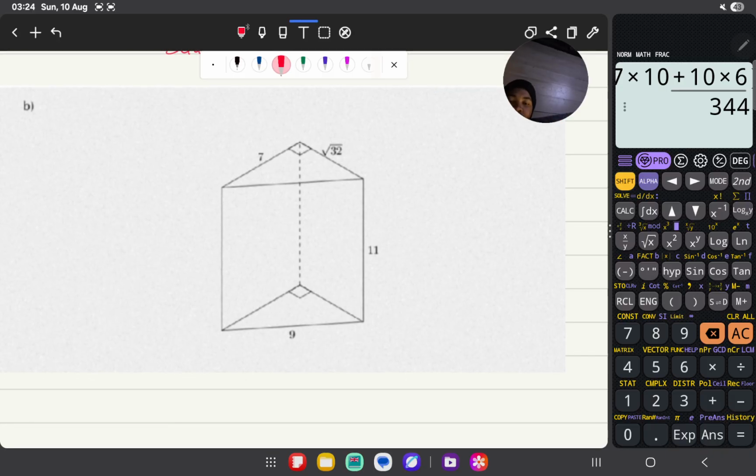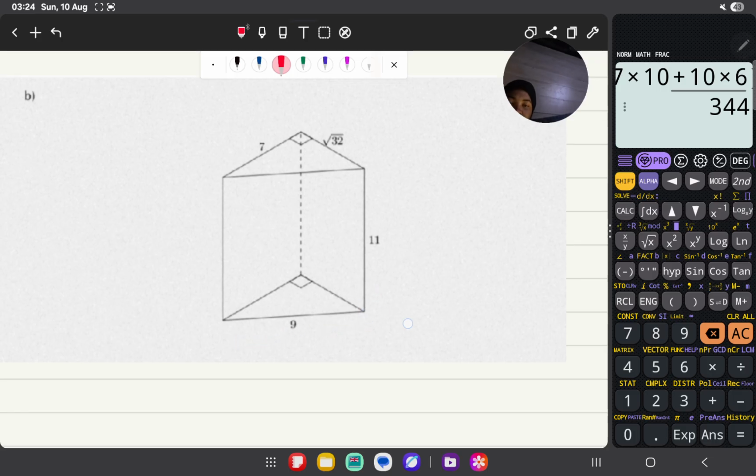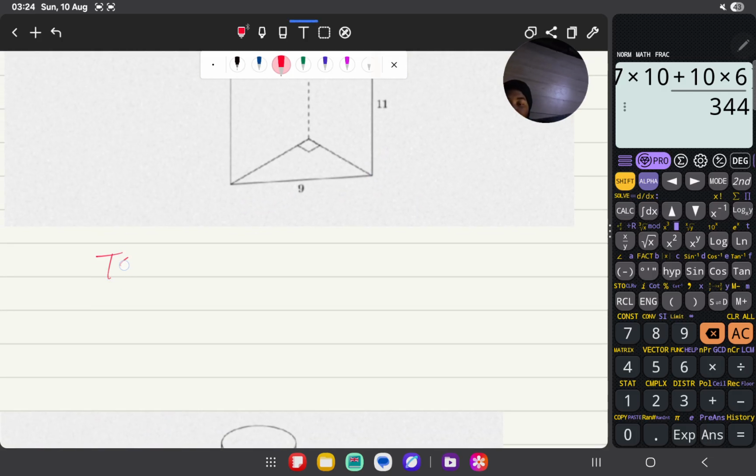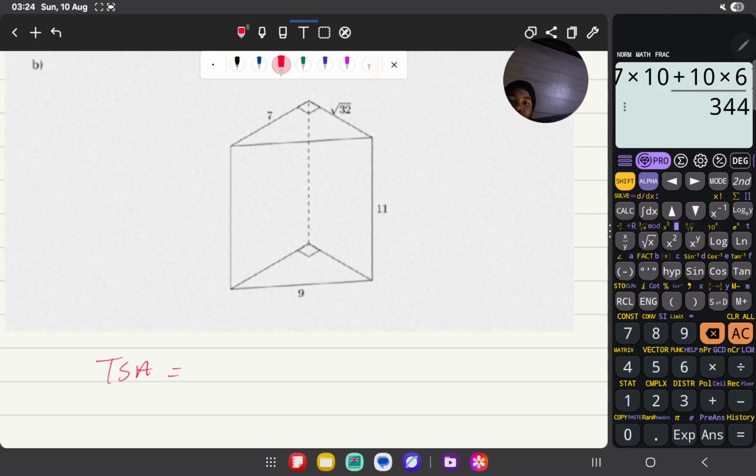Right, let's come here. You have your height and the breadth. So total surface area here, remember we have two triangles. Half base times perpendicular height. And the nicest thing here is that this is the right angle triangle, so the perpendicular height is even given to us. So remember there are two triangles, so it's 2 times half base times perpendicular height.